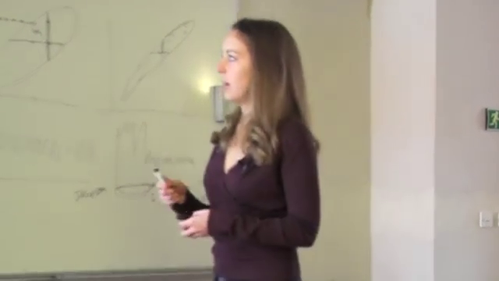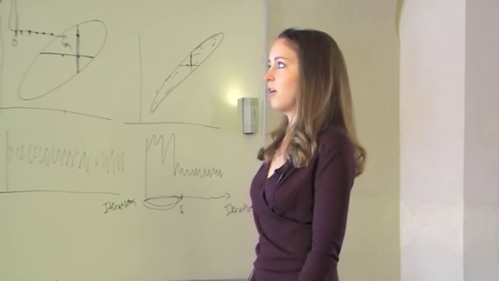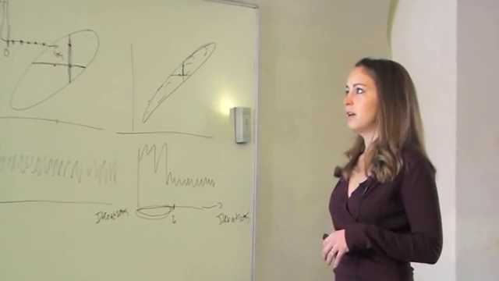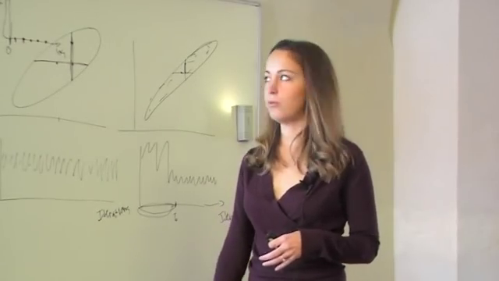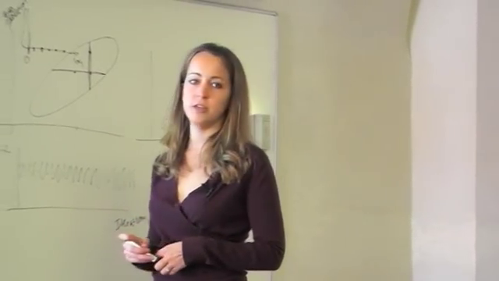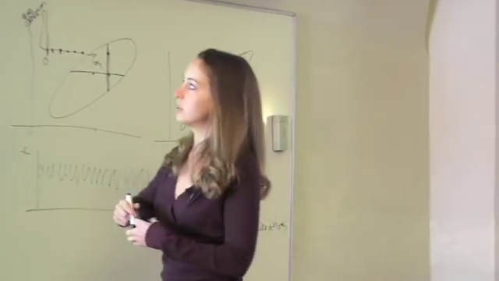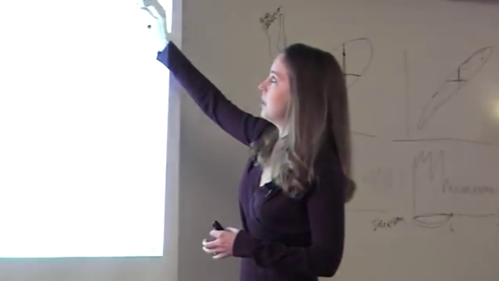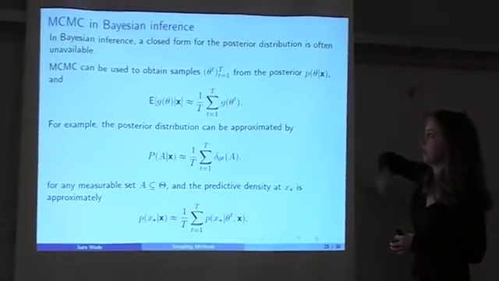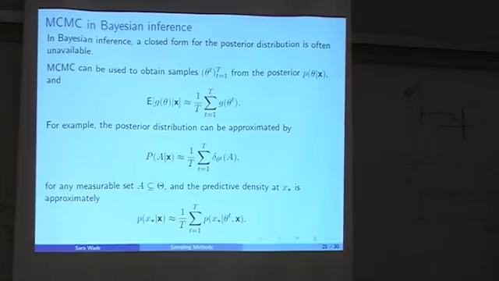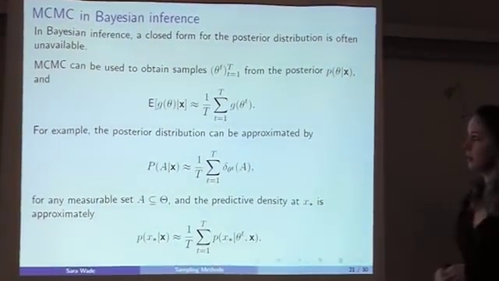Okay, so now let's go back to Bayesian inference. We just talked about these MCMC algorithms. What does this have to do with Bayesian inference? So in Bayesian inference, often a closed form for the posterior distribution is unavailable. So in that case, our target is P of theta given x, the posterior of our parameters given our data x. So MCMC can be used to obtain samples from our posterior.